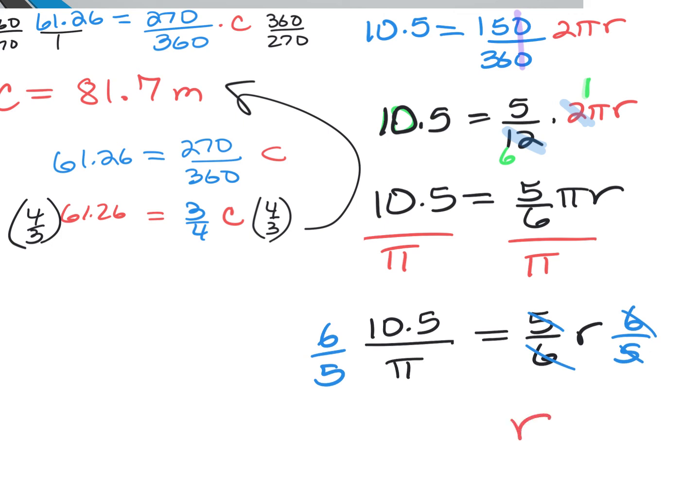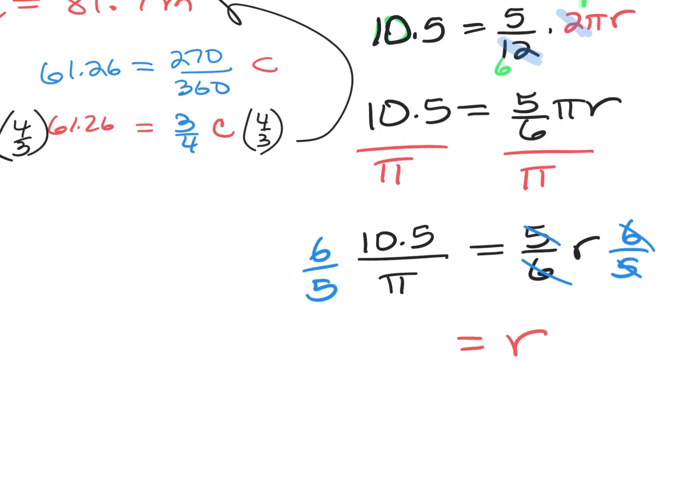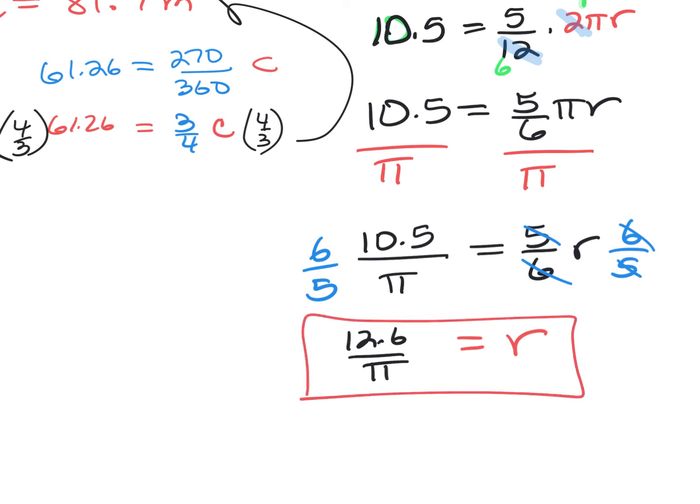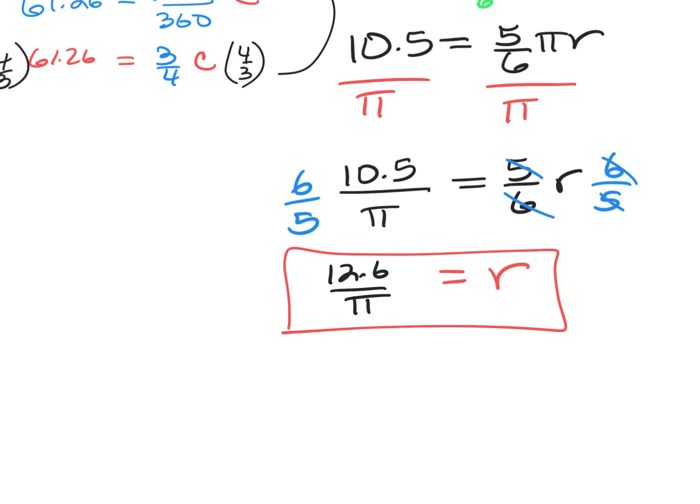And now I'm just left with r equals, and then when I multiply this, I would get 12.6 over pi. So left in terms of pi, this would be your answer. However, rounded to the tenths place, we would get 4.0 after I divide. And these are all feet.